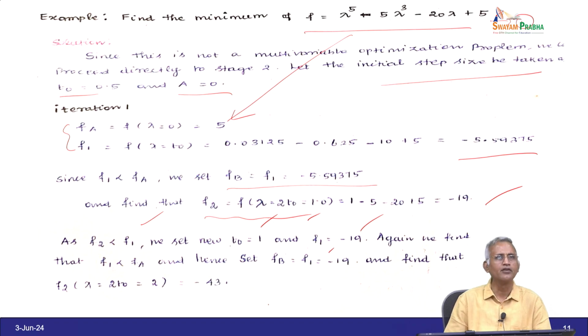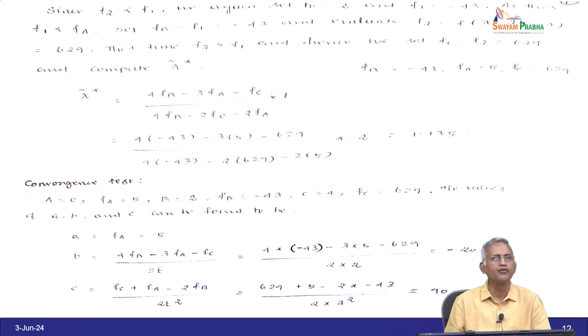Now f2 equal to f of lambda equal to 2 t naught. t naught is 1, therefore 2 into 1 is 2. Therefore, f of 2, substitute, minus 43 will come. Then compare f2 and f1. f2 is less than f1. We again set t naught equal to 2 and find f1. f1 is minus 43. Compare f1 with fa, it is less than fa.